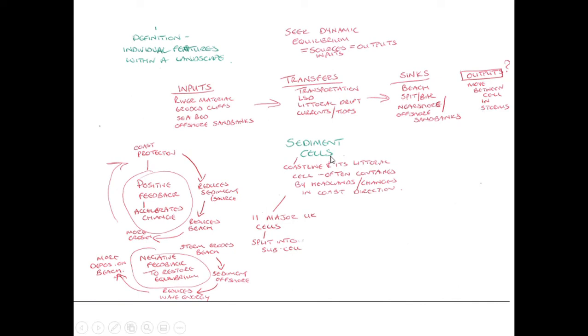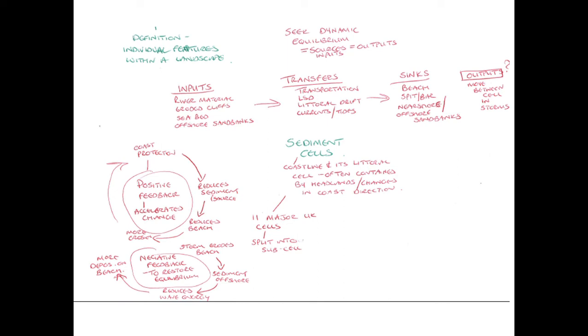Now, around the UK, there are 11 major sediment cells, and the coastline is broken up. These sediment cells are often formed, or the boundaries of them are often where there are major headlands or major changes in the direction of the coastline.